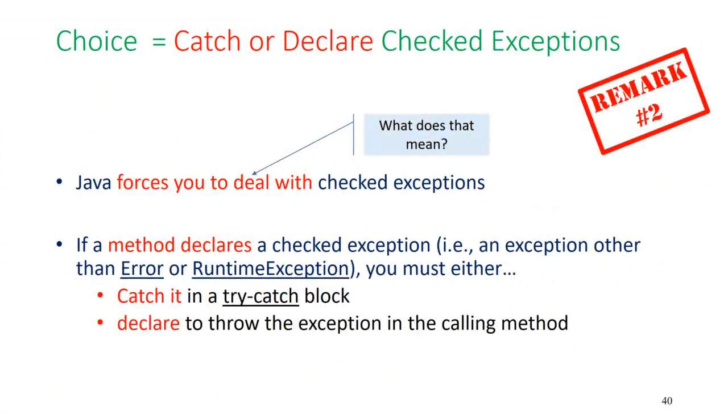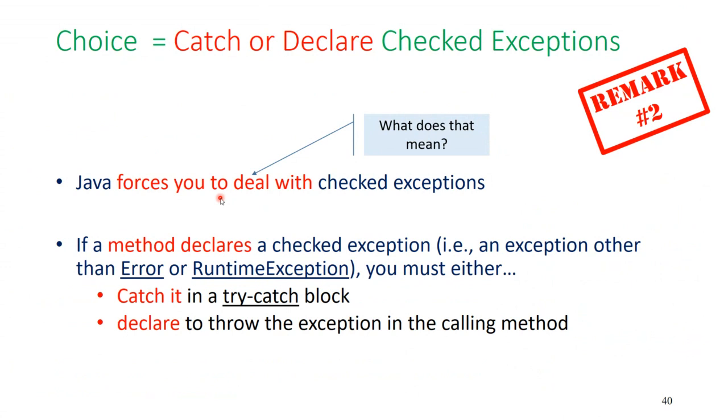Second little remark. So far, what we said is you can do two things when you call a method that declares a checked exception. So if you call method 3 in our example, and method 3 declares that it throws a specific exception, and that specific exception is a checked exception, then the compiler will force you to deal with it.